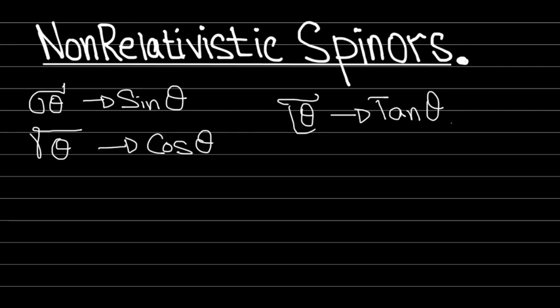So this is my silly notation that I'm going to use for sine, cosine, and tangent. It's just my way of writing it, and I find it useful because it is a very shorthand notation, right?